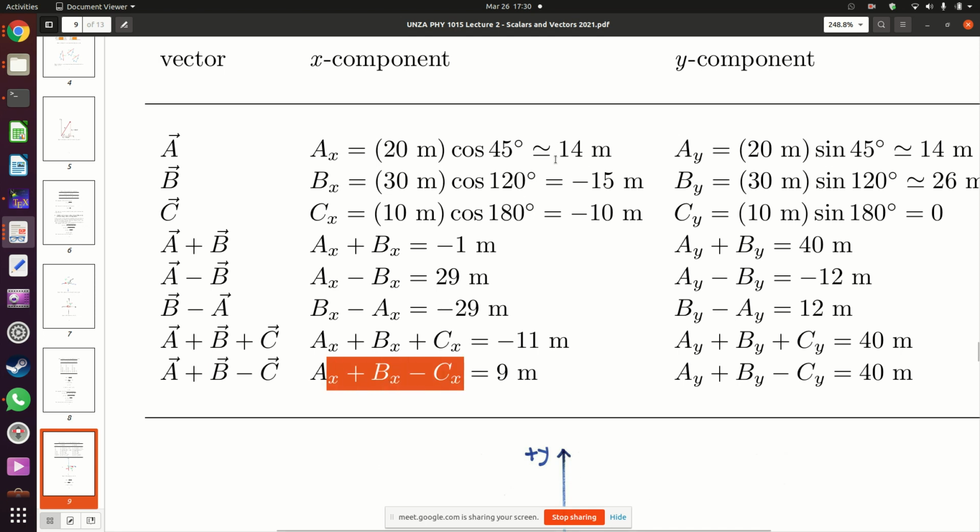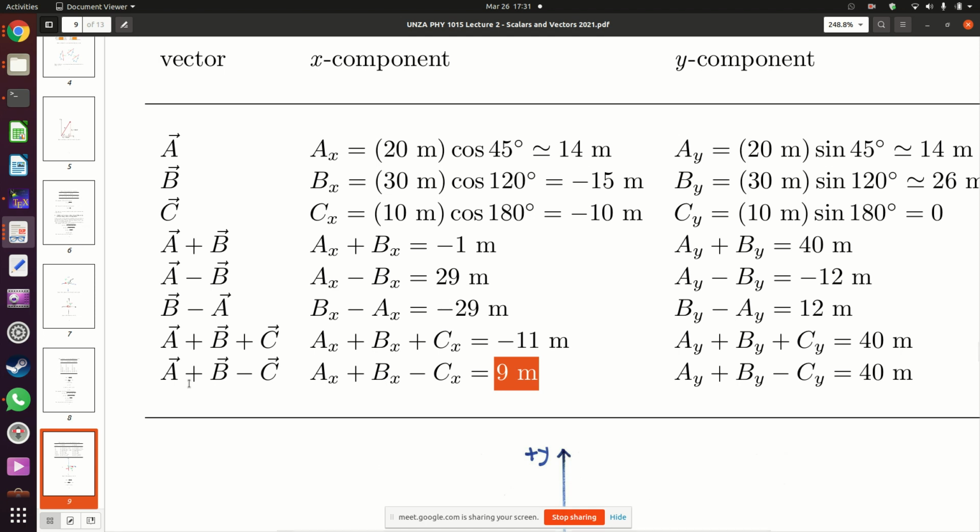Ax is 14 meters, Bx is minus 15 meters, and Cx is minus 10 meters. So 14 meters plus minus 15 meters minus minus 10 meters gives you 9 meters. So A plus B minus C along the x-axis is 9 meters.